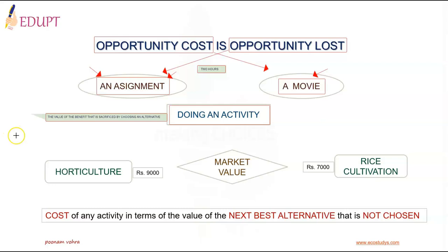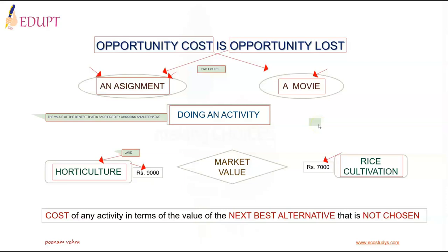Let's take another example. Land can be used for horticulture whose market value is rupees 9,000, or for cultivation of rice whose market value is 7,000.